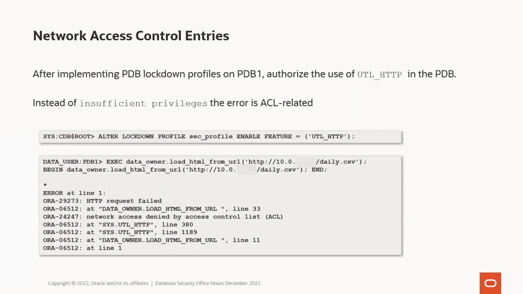But our network access control entities and entries and ACLs still prevent that package from reaching the internet. So we're saying, hang on, I know you can execute it, but I haven't been told what you can access and how you can utilize this network access capability. So we'll see this error message here that says, hey, it's denied by an access control list.